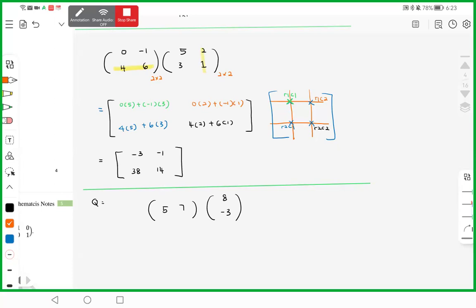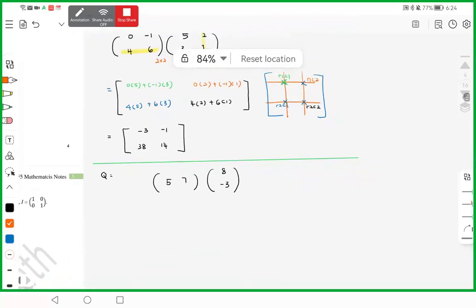So I think that is 1 times 1, right? Okay, you have to make a habit of writing down the order first: 1 times 2, 2 times 1, right?